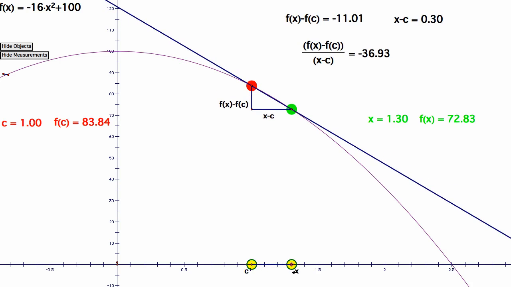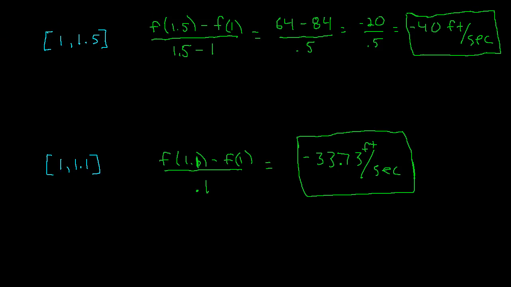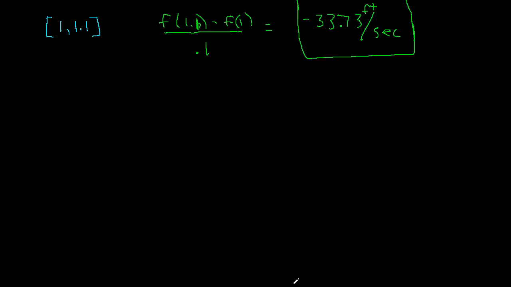So rather than find that using the limit process by letting this distance go to 0, I now know how to find a derivative. So if I take my initial function, I will rewrite it here, which was 100 minus 16x squared.